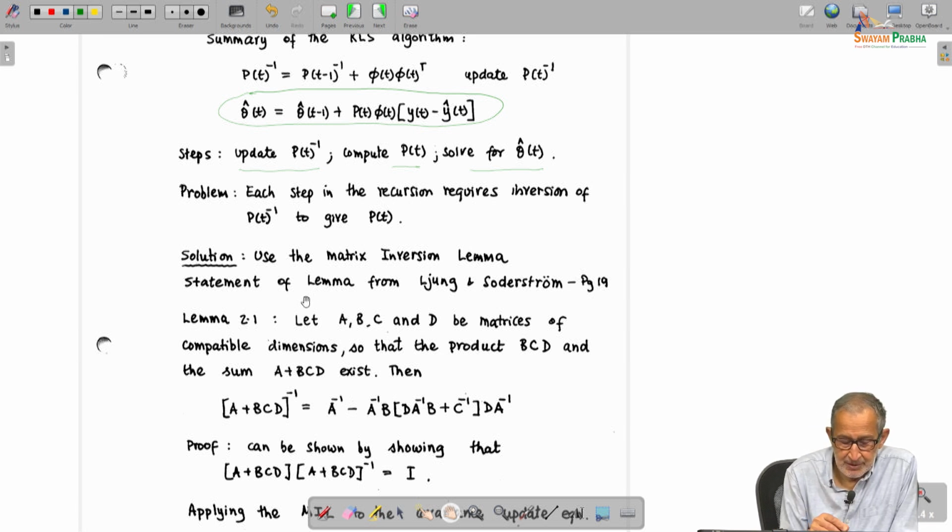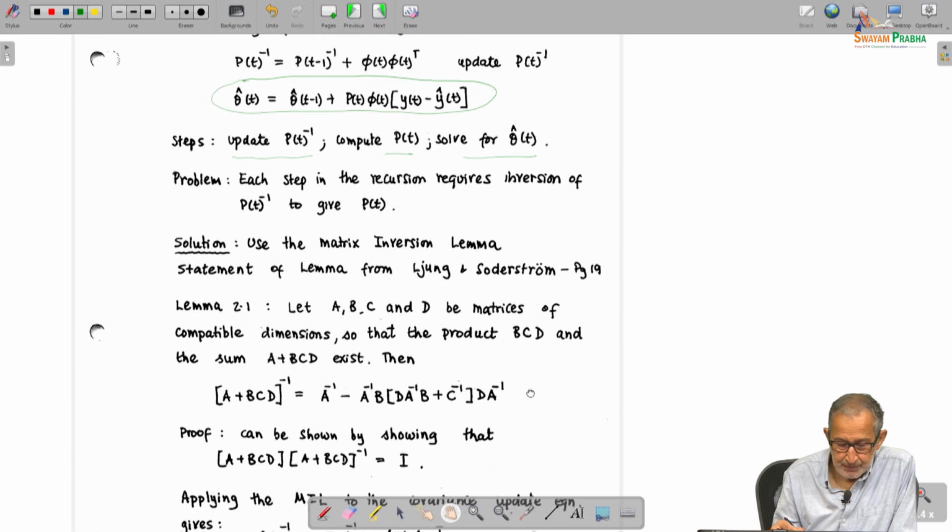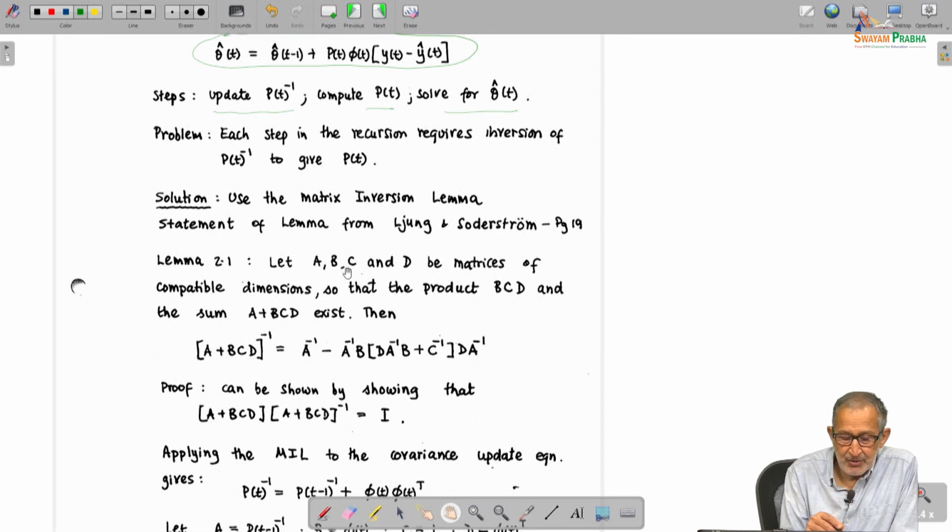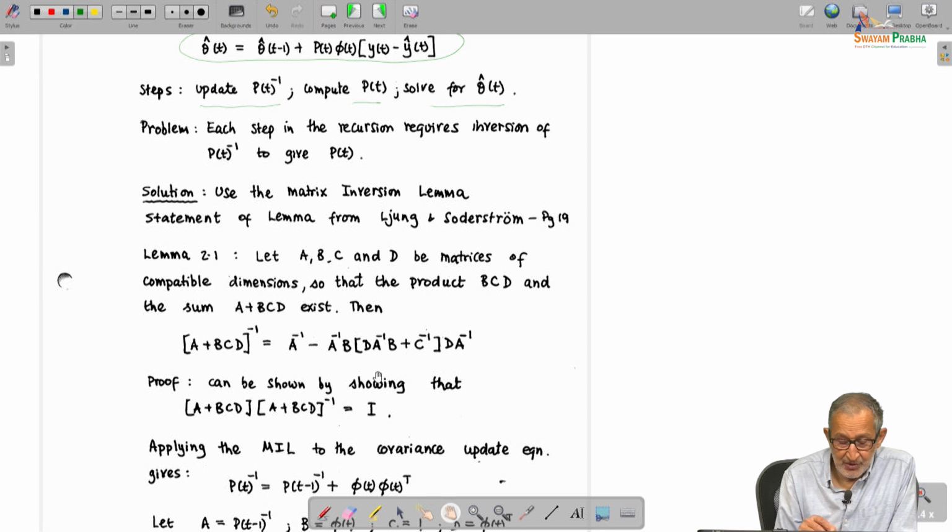There is a statement from Ljung and Söderström's book, which says, let A, B, C, and D be matrices of compatible dimensions so that the product BCD and the sum A plus BCD exist. If that is the case, then the inverse of A plus BCD is this expression here.